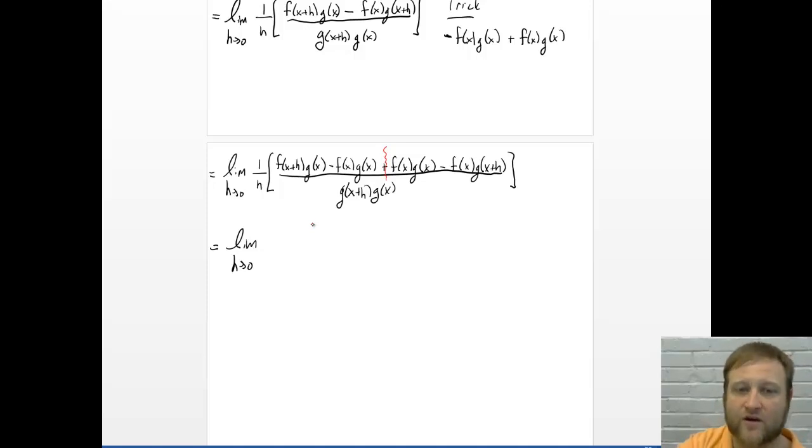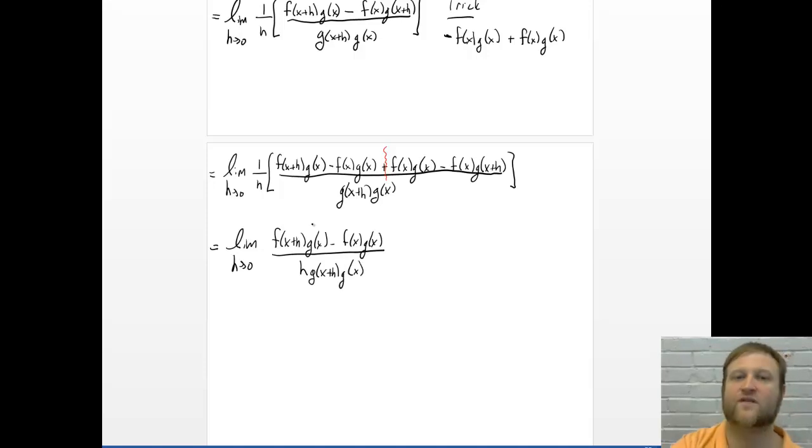So we are going to have f of x plus h, g of x, minus f of x, g of x, all over, the h will distribute in here, so we're going to have h times g of x plus h times g of x. So I'm just splitting this up.